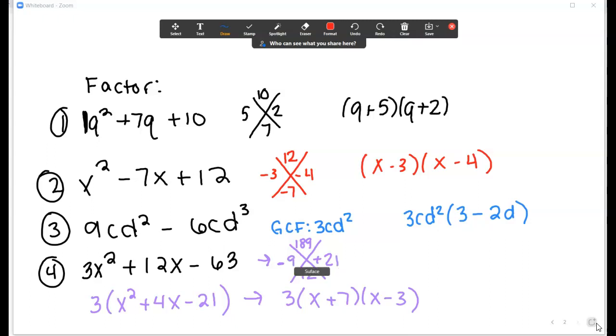There we go. So then you would do your factor by grouping.